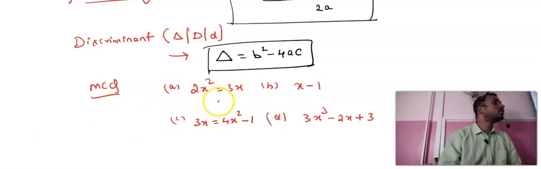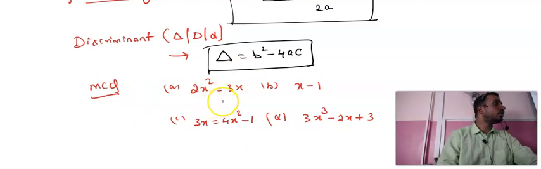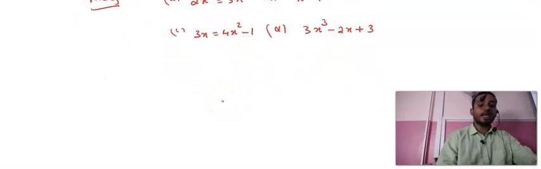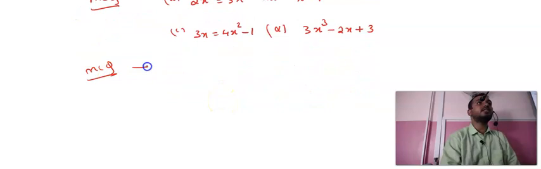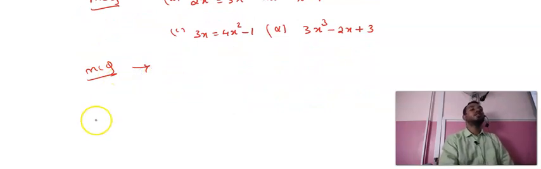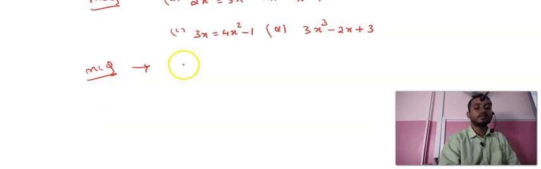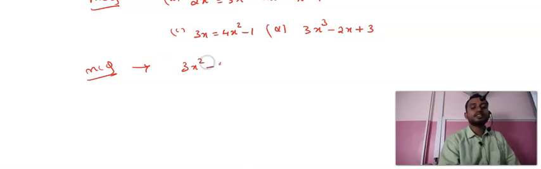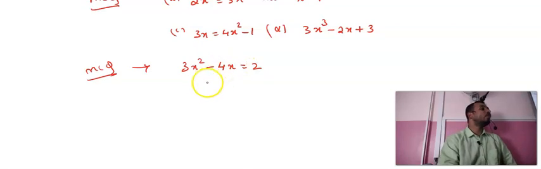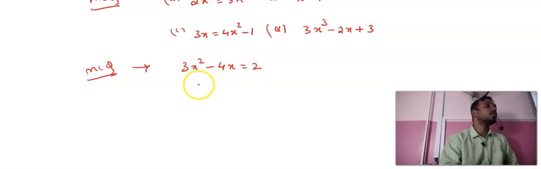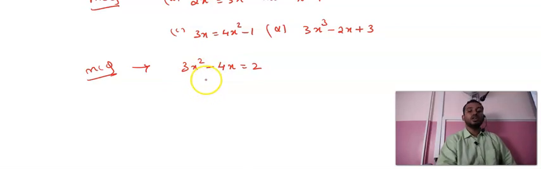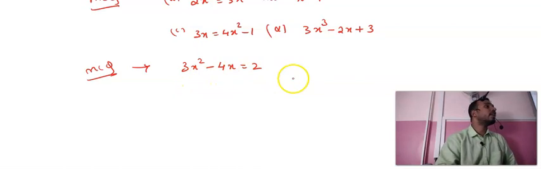Did you get it? This is one type of question in multiple choice, and the second type can also be asked. They will give you the equation like this: 3x square minus 4x equals 2 is an example for a dash equation.